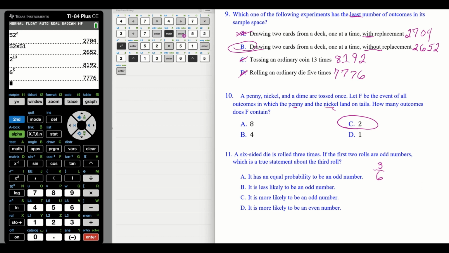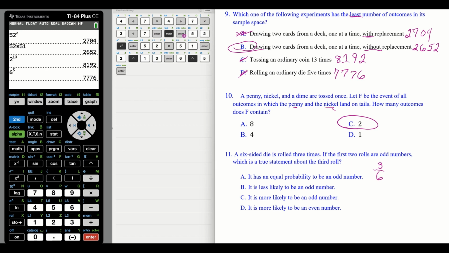What is true about the first 2 rolls? Well, what is true is A, it has an equal probability to be an odd number. Yeah, it could be odd again. It has a less likely chance to be odd? No. The die doesn't change as you roll it. It stays the same no matter what you do.